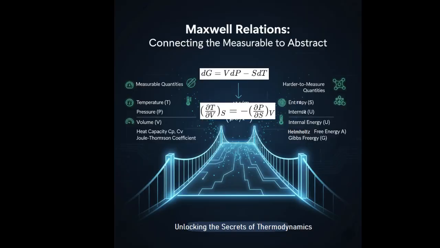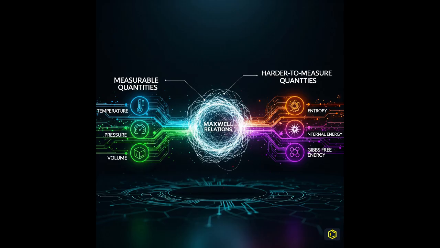For example, from dG equals VdP minus SdT, we can derive the partial derivative of T with respect to V at constant S equals negative partial of P with respect to S at constant V. These relations are powerful tools for thermodynamic analysis, allowing us to calculate changes in one property from measurements of another.